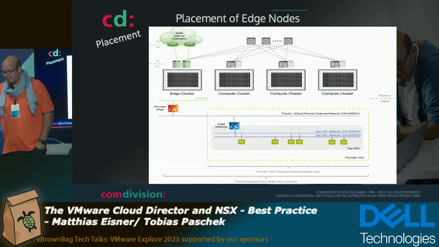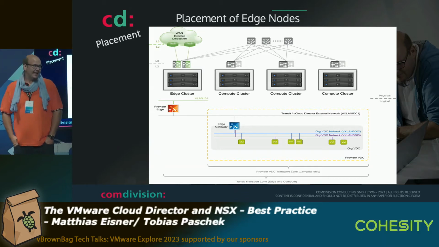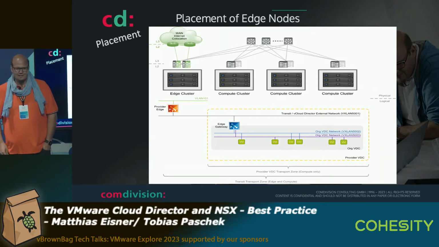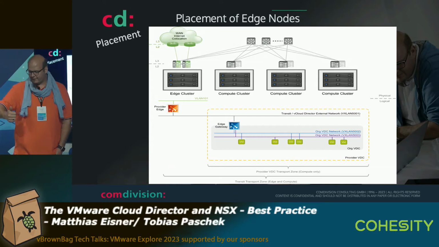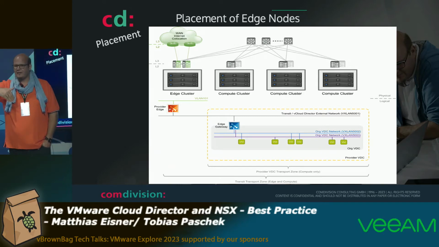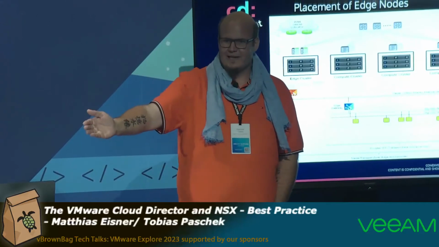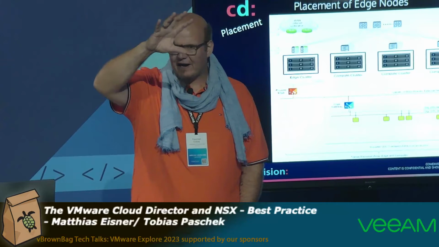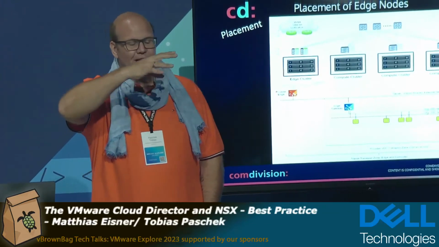Coming back to what we have seen before from Reinhard, there's a third option available, the dedicated tier 0 gateway. Reinhard mentioned the shared tier 0 gateway, where we provide uplink connectivity via NAT to all of our tenants. Then he mentioned the tier 0 VRF, where we have our provider-managed tier 0, but each child tier 0 VRF can then be utilized by the customer.